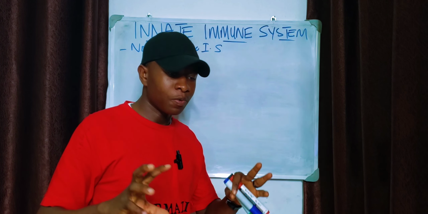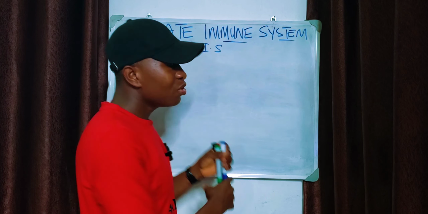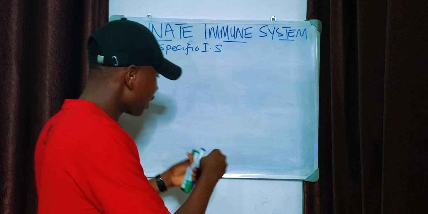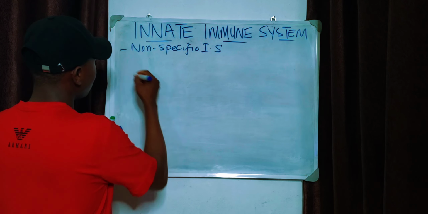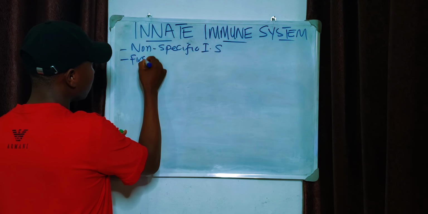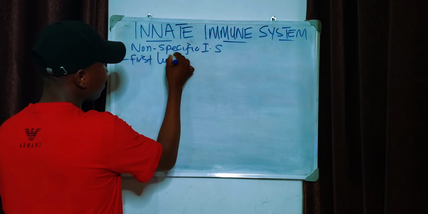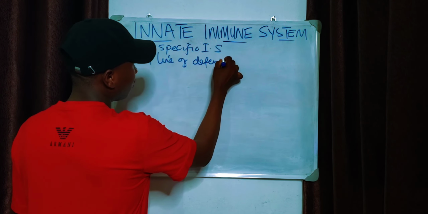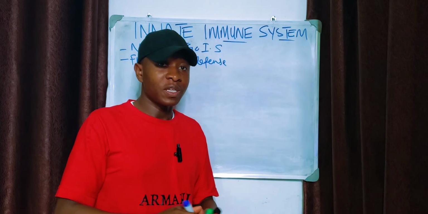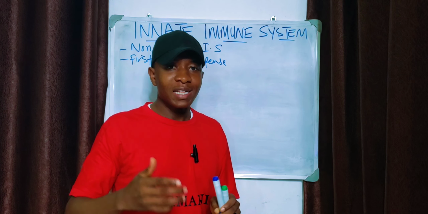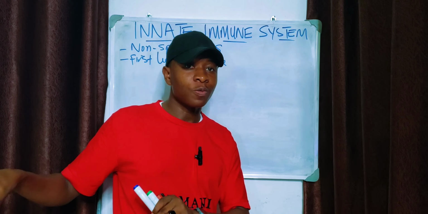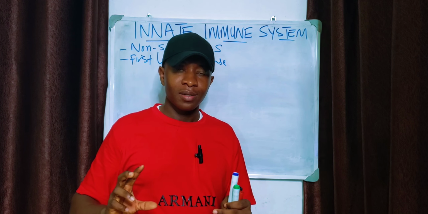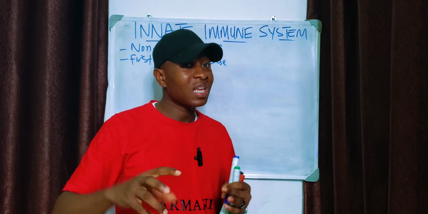Now, I'll use this example. An innate immune system is like the first line of defense. It is actually the first line of defense. So let's put that down: first line of defense. The innate immune system acts like the doors and the windows, which basically let some things in and some things out.